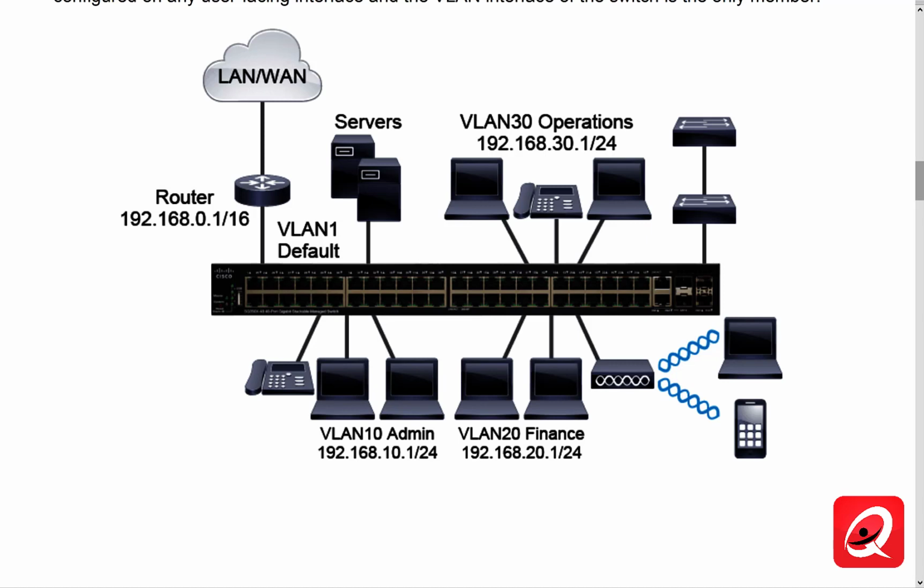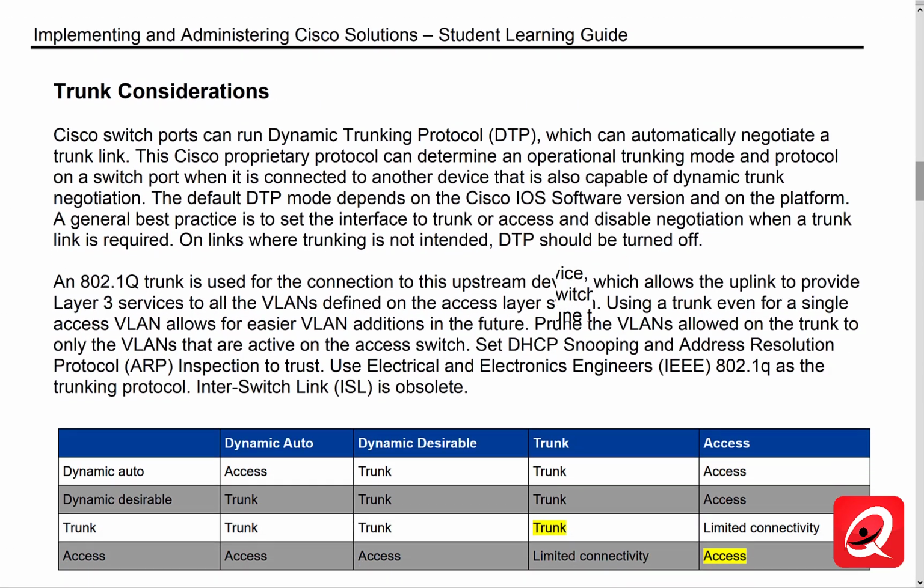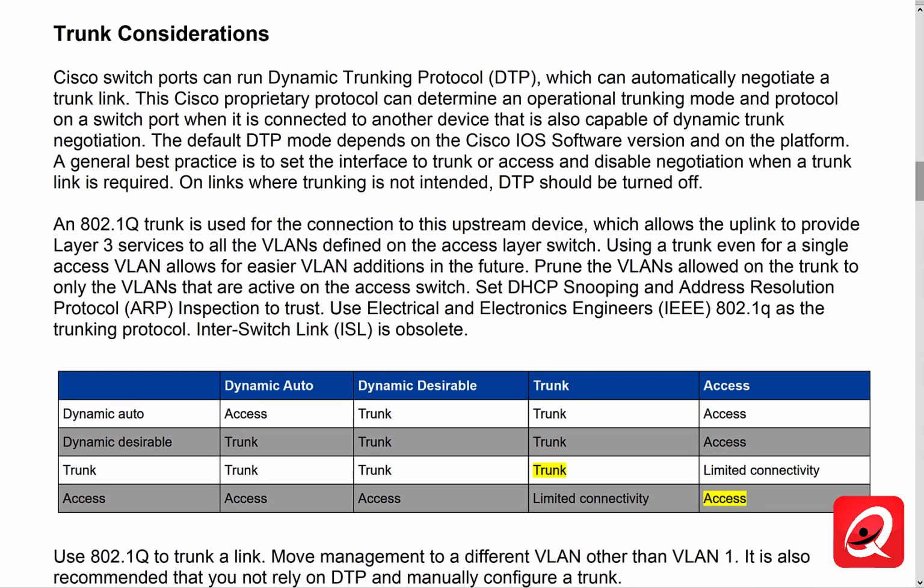Some trunk considerations as well. When we consider implementing trunks, one of the things that we decide to identify is whether or not we're going to implement some sort of dynamic trunking process. There is a protocol called DTP, the Dynamic Trunking Protocol. And the dynamic trunking protocol provides us the ability to essentially automatically negotiate the trunk status of a port.